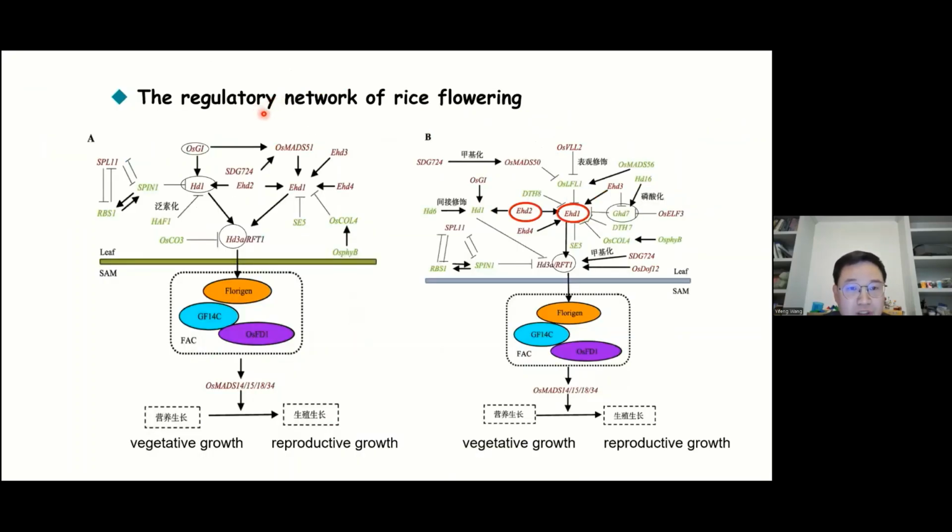The regulatory network of rice flowering is complicated, including numerous genes and many modifications, such as ubiquitination, phosphorylation, and methylation. Among these factors, HD1 and HD2 are two key transcription factors.